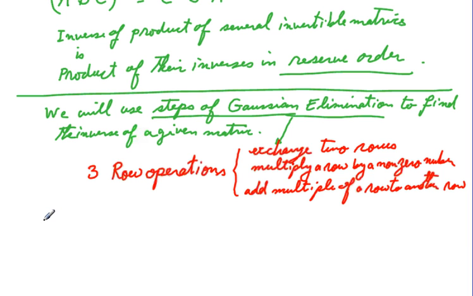If you have a matrix, we want to apply any of these things that it takes until our matrix becomes an identity matrix. We can keep multiplying, adding, exchanging, and whatever until our matrix becomes an identity matrix.